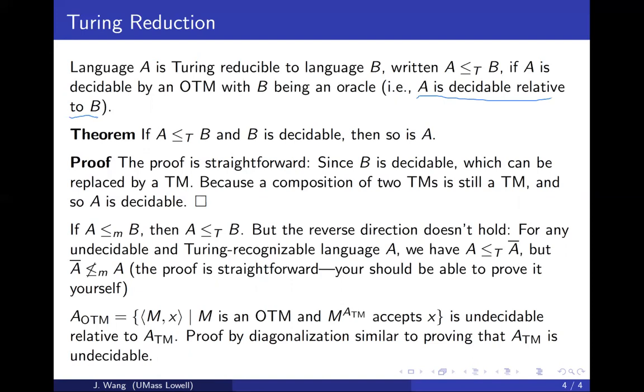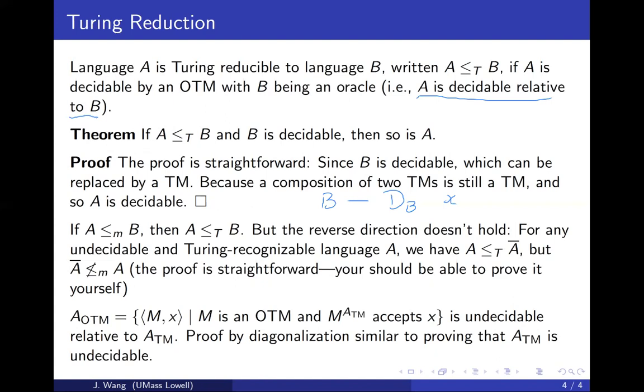So what it means here is that B is decidable, so it has a decider D_B for B, so that for any input X, it returns a yes or no answer by a Turing machine D_B.